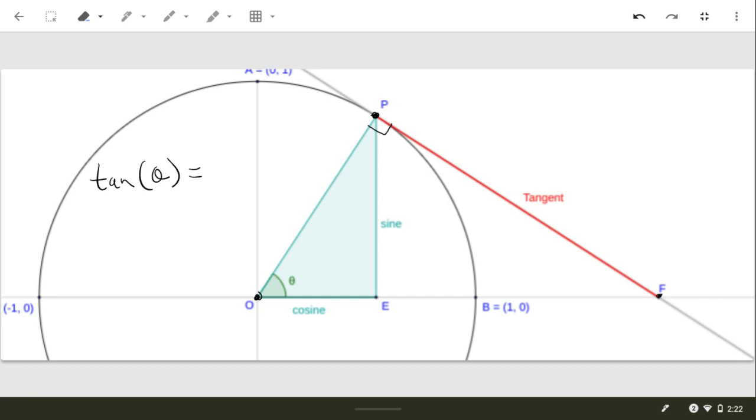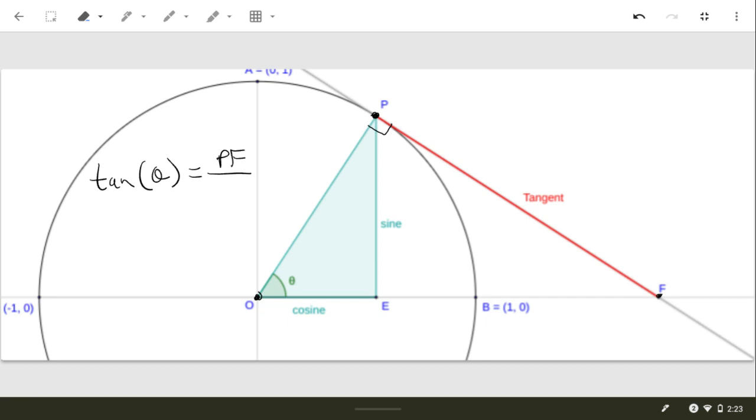But I want to show you how it's related to that line that's outside the circle there. So instead of thinking of tangent of theta as it relates to our smaller right triangle here, pay attention to that large right triangle. Tangent of theta is going to be opposite, which is this red line segment here. I guess we'll label that PF.